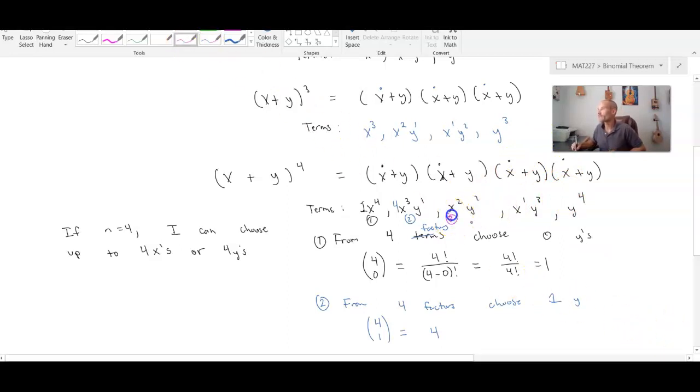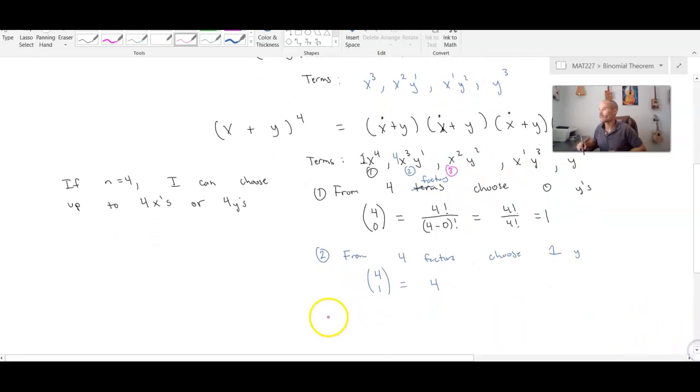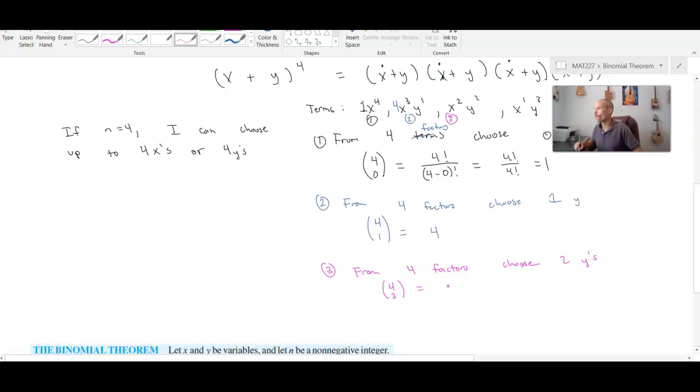Here in this case, in case 3, we're asking for from 4 factors, choose 2 y's, and okay, 4 choose 2. That's going to give me 4 factorial over 4 minus 2 factorial times 2 factorial.